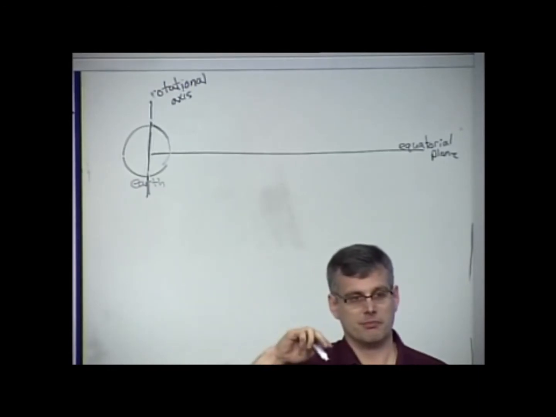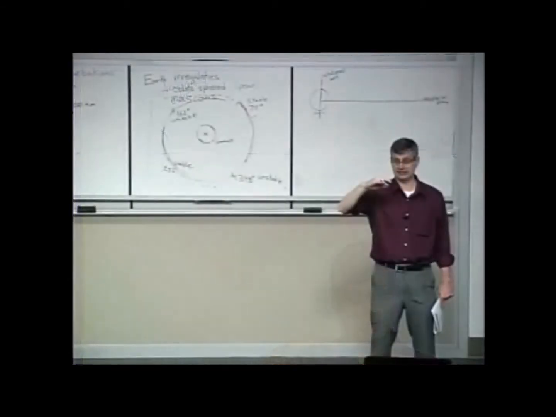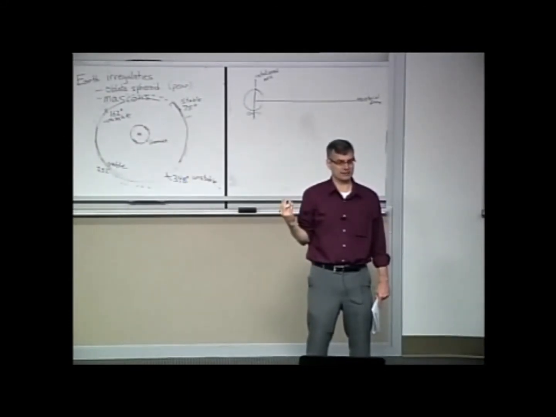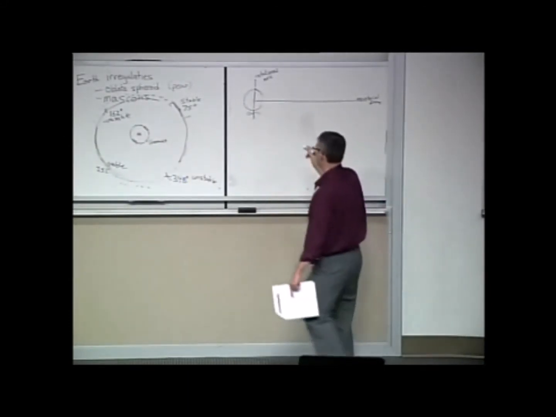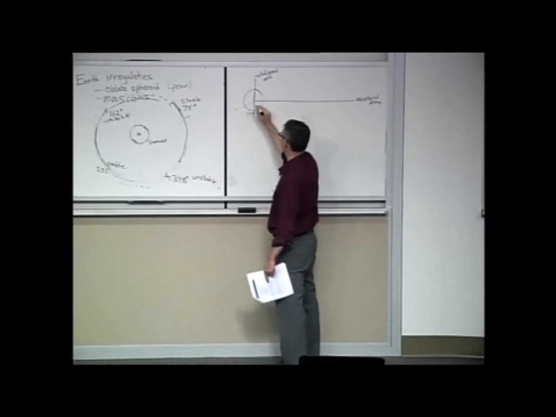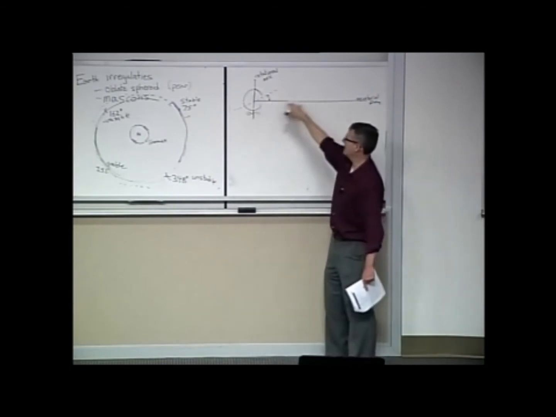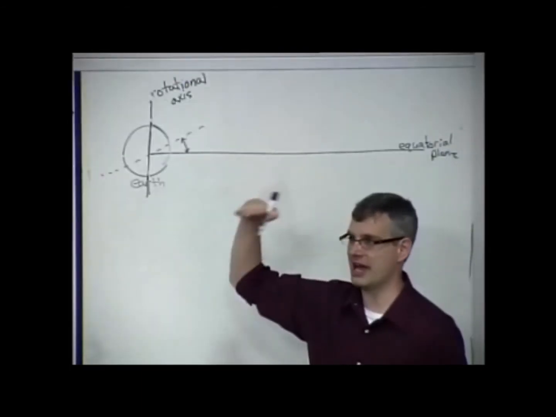Now, a geostationary Earth orbit satellite, we said, had to be on that plane to be geostationary. You can launch satellites at different angles and different planes, and that plane is called the plane of inclination. So when we talk about inclination, we're measuring the angle of an orbital plane from the equatorial plane. 0 degrees would be equatorial.